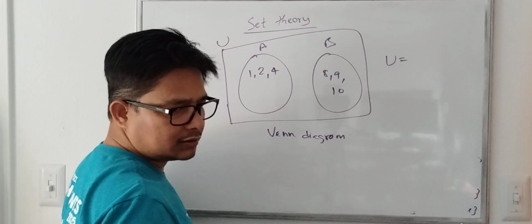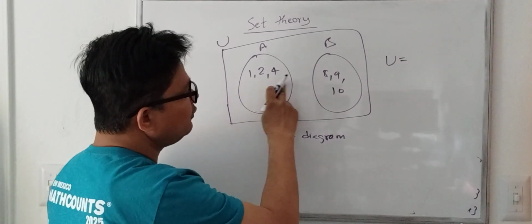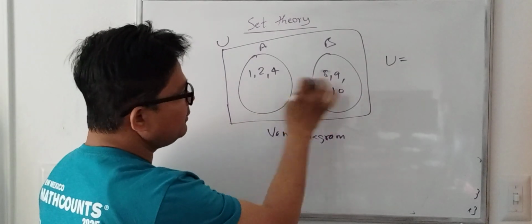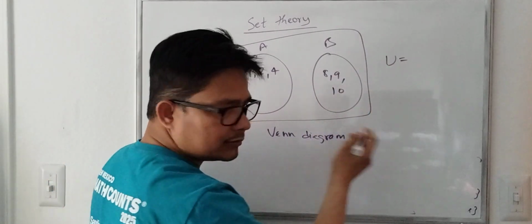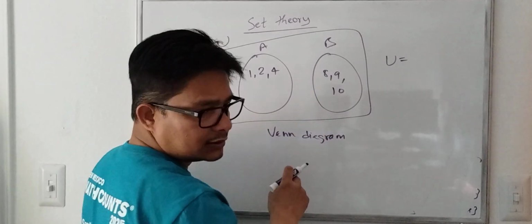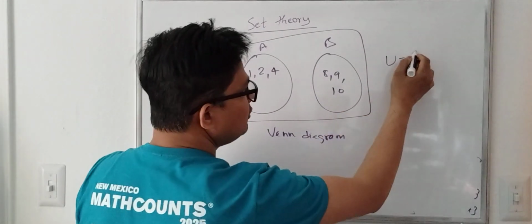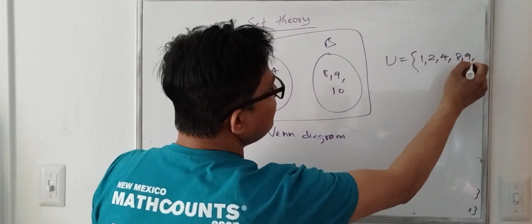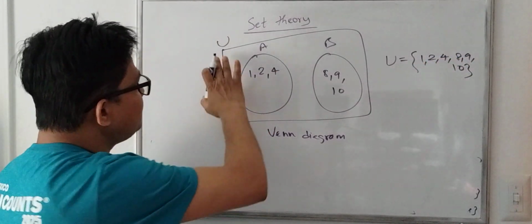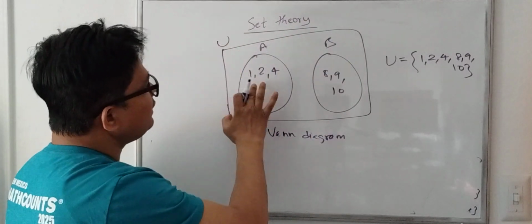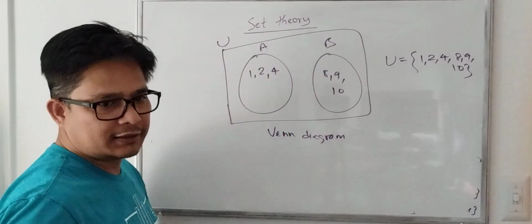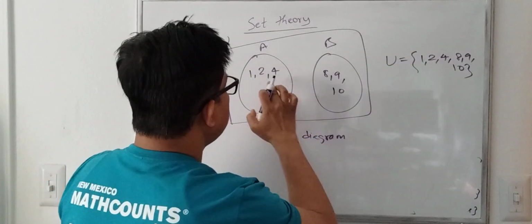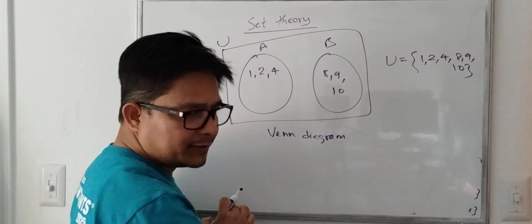It's not some of them, but elements from both the sets. Okay, so what do you think? It will be 1, 2, 4, 8, 9, 10. Because this universal set contains both A and B. That's why the elements of the universal set will be all the elements from A and all the elements from B.